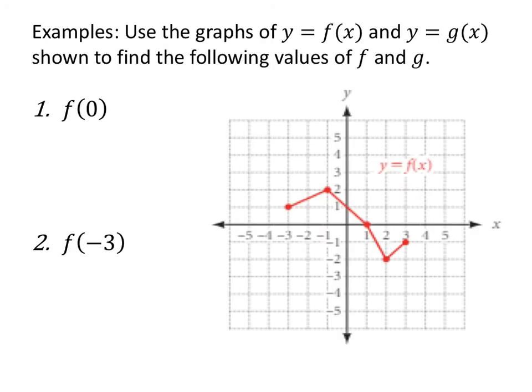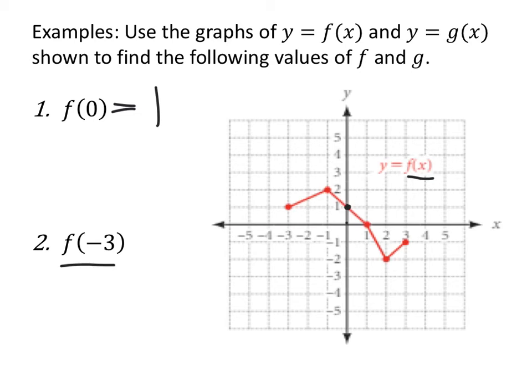Use the graphs of y equals f of x and y equals g of x as shown to find the values of f and g. So let's see. F of 0. Here's a graph of f. When x is 0, my y value has a height of 1. Don't overthink it. Don't make it harder than that.